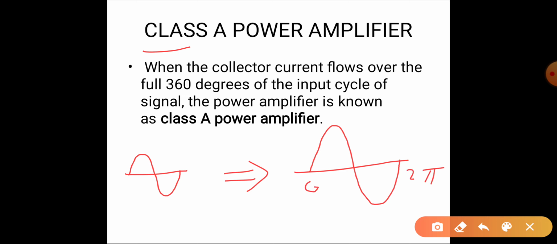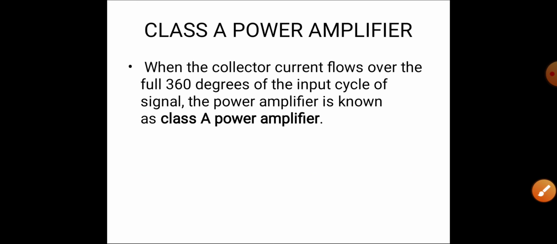In this no signal is lost. So we are getting the output, or the collector current will flow, throughout 360 degrees, starting from this point. So this is the very basic class of the power amplifier, that is the class A power amplifier.